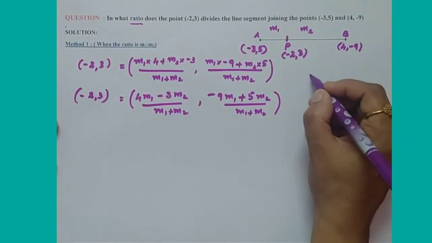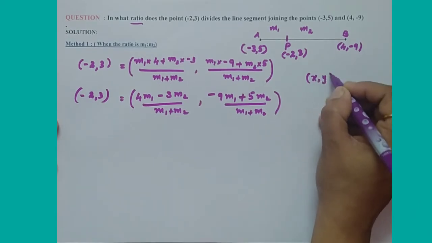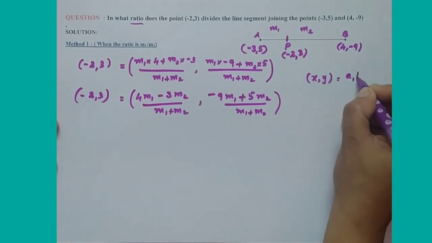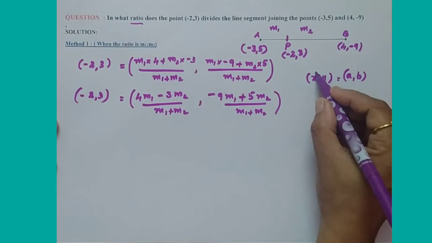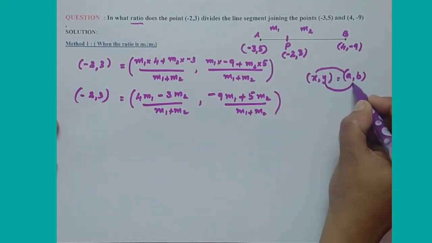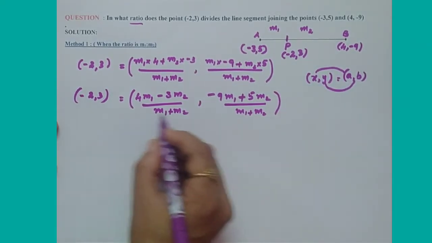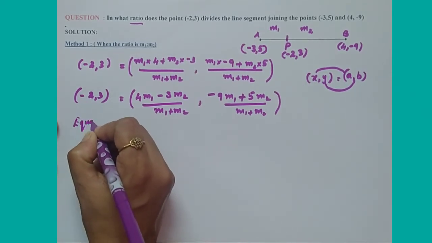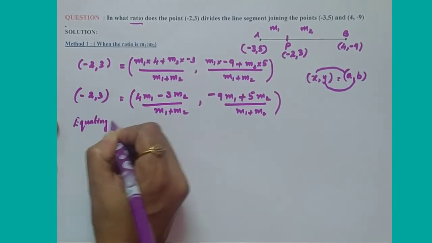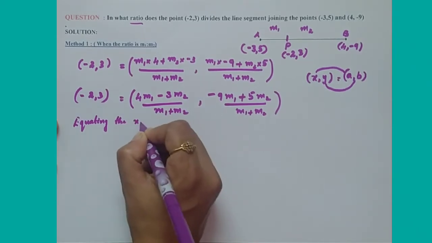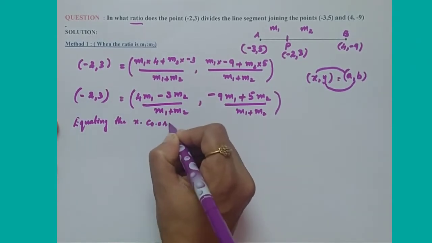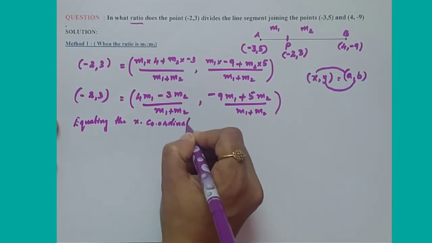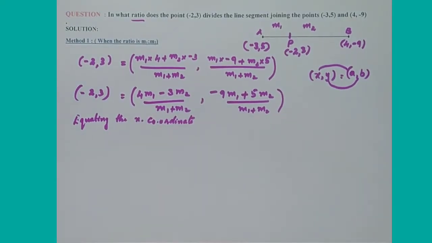I already told you that if (x, y) equal to (a, b), then x equal to a and y equal to b. In this way, I am going to equate the x coordinate at first.